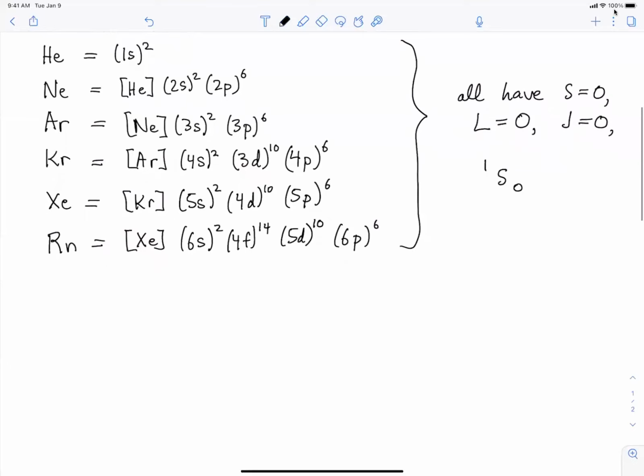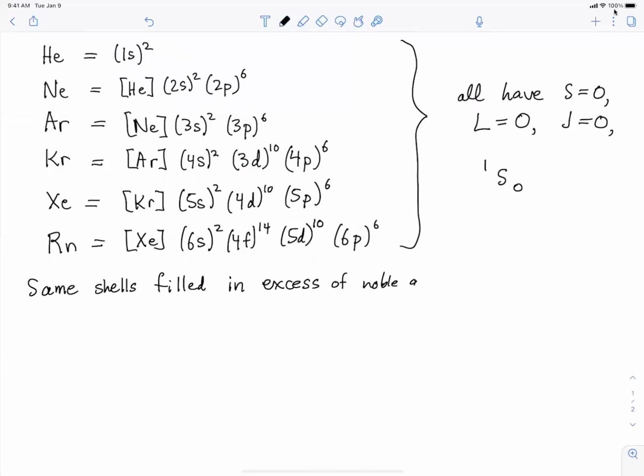Okay, now for anything that's not a noble gas, if you have the same shells filled for two different elements, in excess of some noble gas configuration, then you're going to have similar chemical properties because those outer electrons are the ones that can combine with other atoms, similar electronic chemical properties.